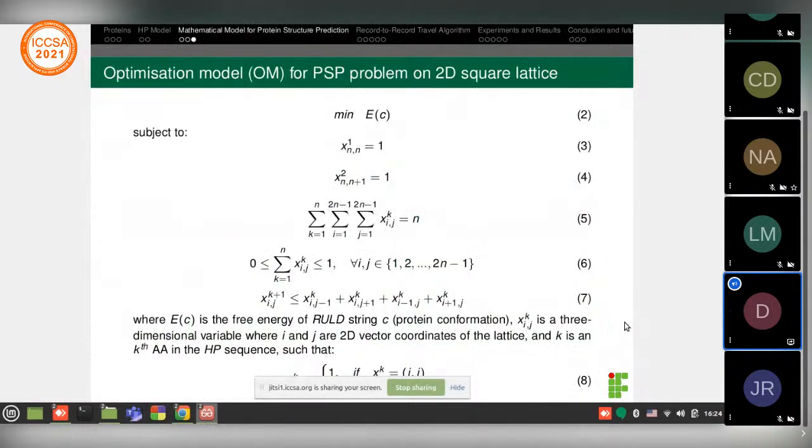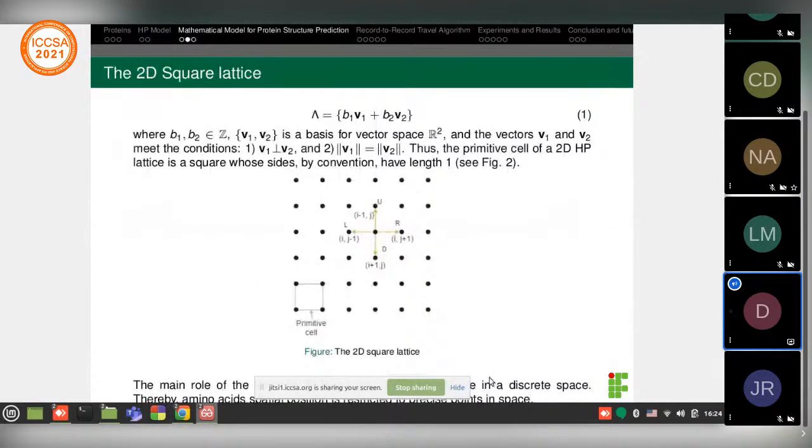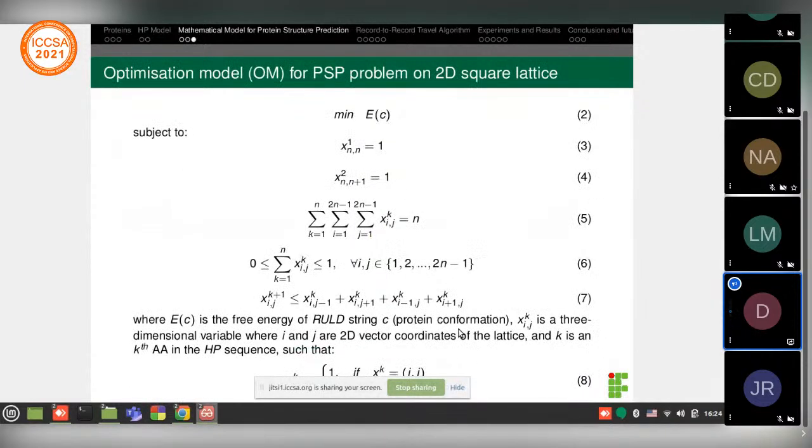Sorry. Yeah, it's mentioned here. I will go further to optimize this model for the protein structure prediction problem on the 2D lattice.